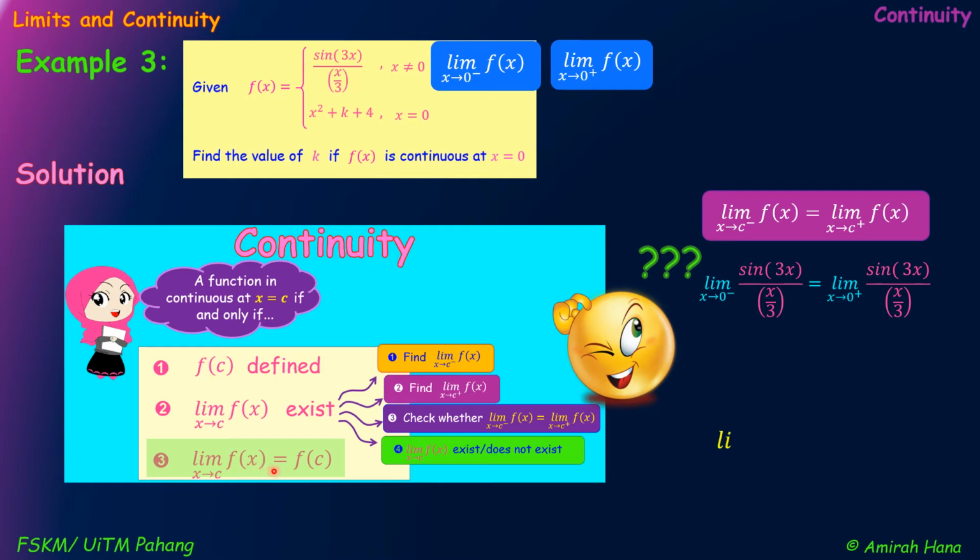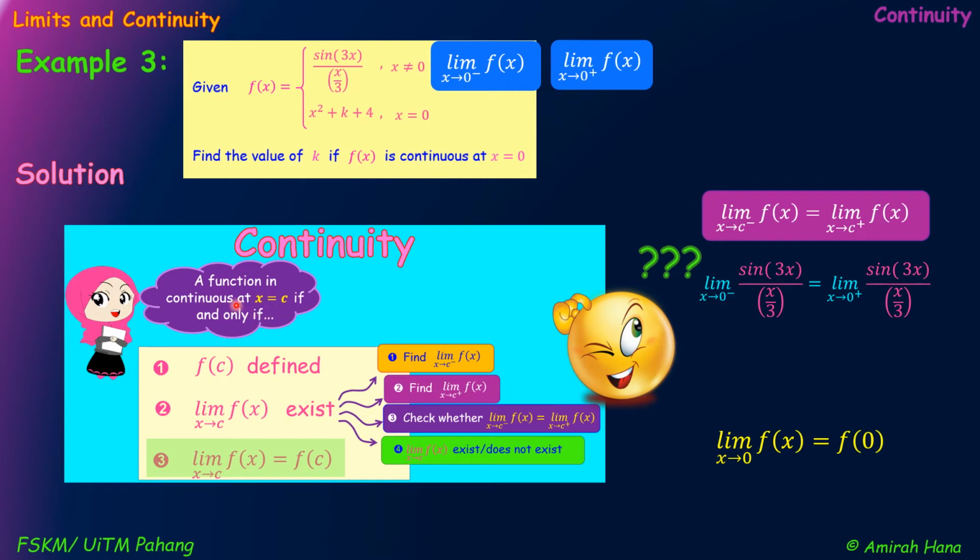So from here we can write like this: the limit as x approaches 0, in this case our c equals 0, of f(x) equals f(0). So we can use this formula to find k. We don't need to follow all the three conditions. We need to follow those conditions if we want to determine whether the function is continuous or discontinuous at the given point.